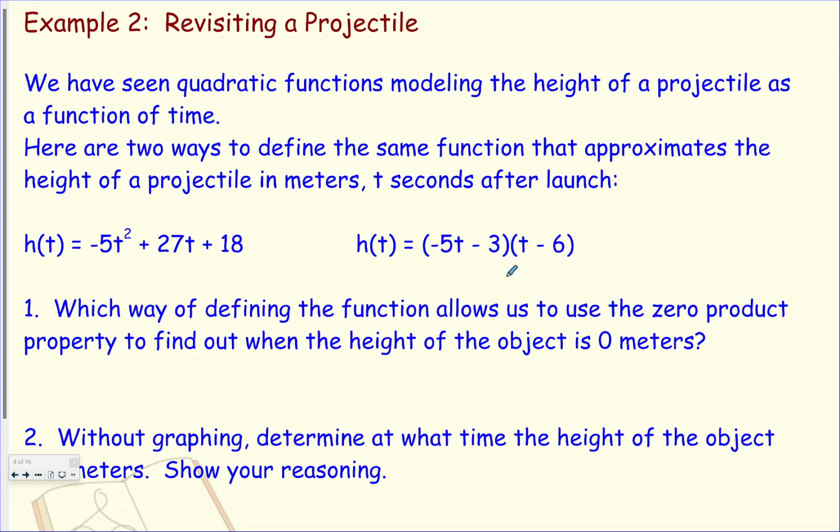These two functions are the same function, but one is in standard form and one is in factored form. So my first question is, which is easier to figure out when the height is 0?